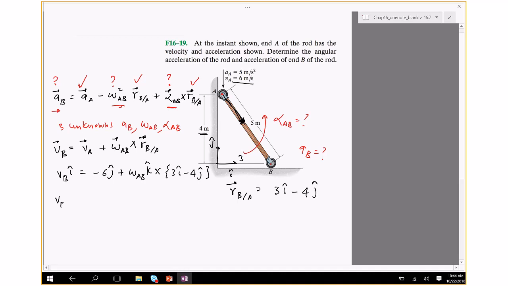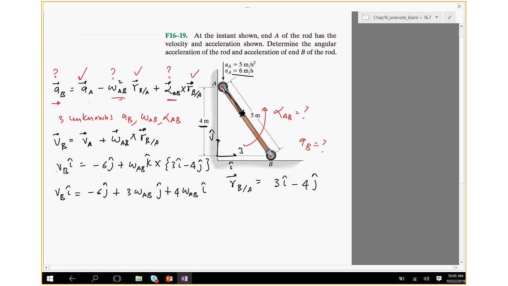So V_B i equals minus 6j plus 3 omega AB (k cross i is j), plus 4 omega AB i (k cross j is minus i, but there's a minus, so it's plus).